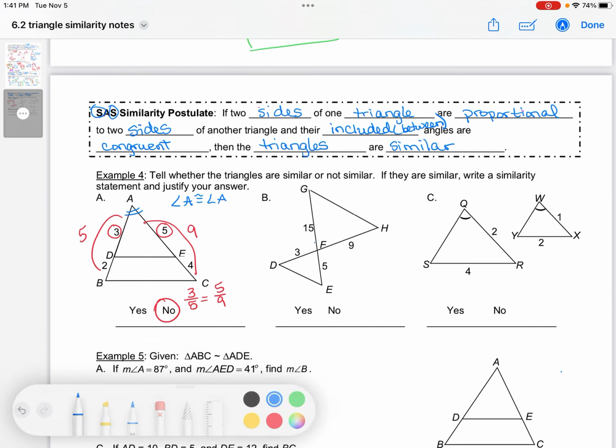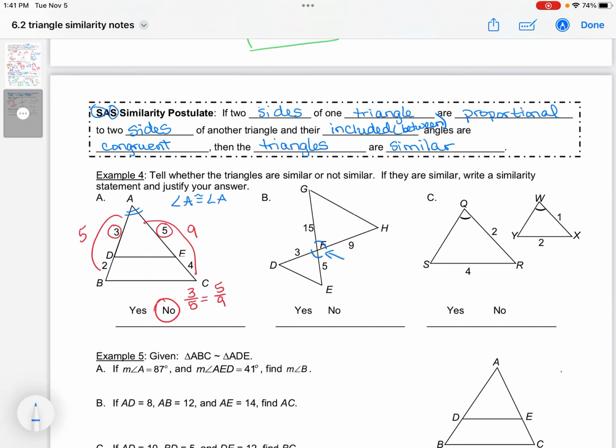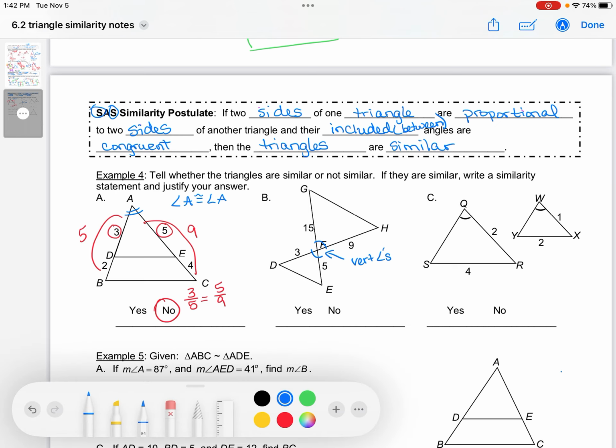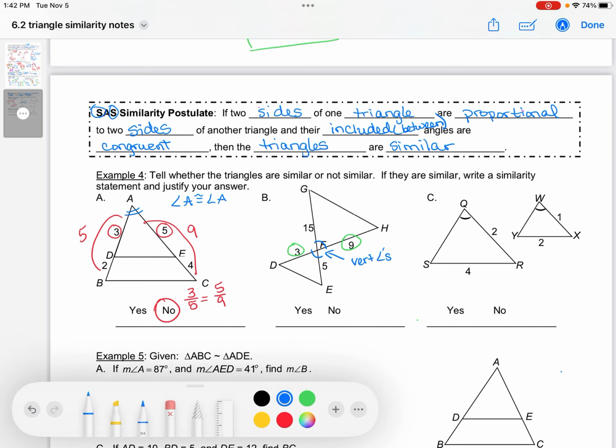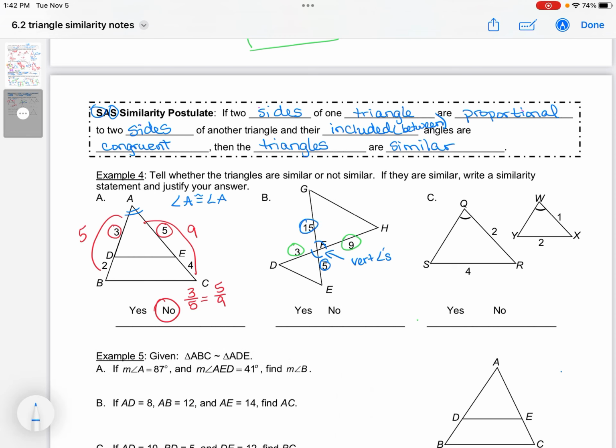All right, this next one, here we have vertical angles. So we know that the angles are the same. So we're gonna do, the sides are gonna be 3/9 and 5/15. So is 3/9 equal to 5/15? Yes, in fact it is.